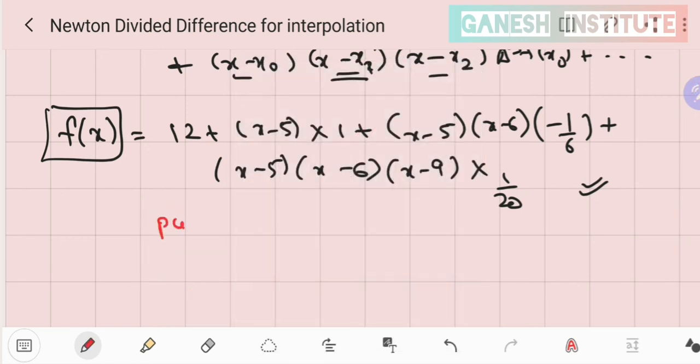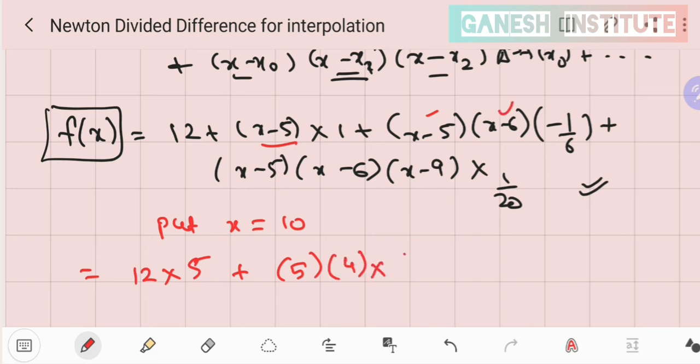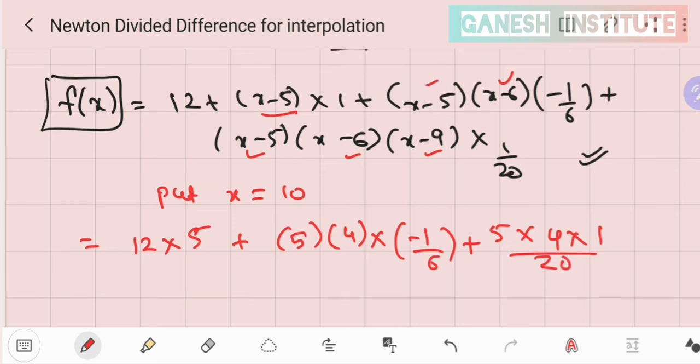So it would be 12, plus 10 minus 5 is 5, plus again 10 minus 5 is 5, 10 minus 6 is 4 into minus 1 by 6, plus 10 minus 5 is 5, 10 minus 6 is 4, 10 minus 9 is 1, into 1 by 20, right?